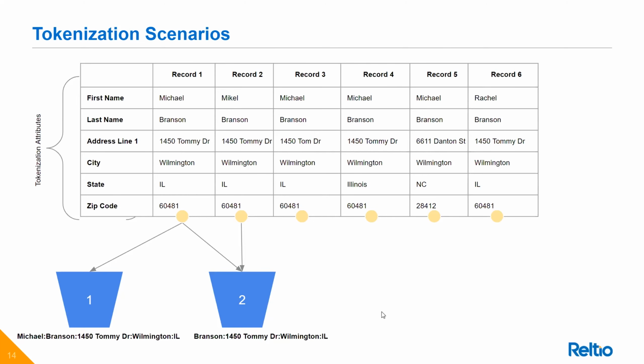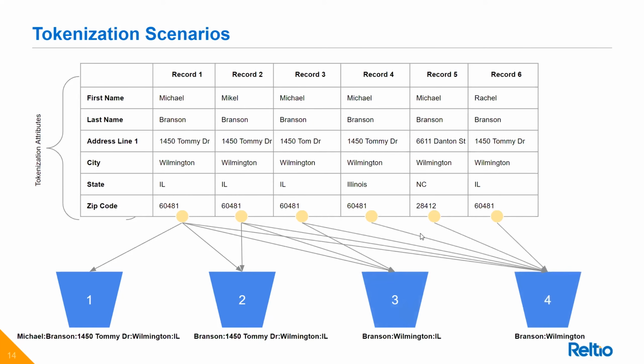So what you can do is follow the same approach and leave address line 1 out of the tokenization. So great, you have 3 records now. And you keep doing that until you get all the records, which includes the 4th record. This time you took out the state as well, because it was spelled differently, just to get them 4 records.